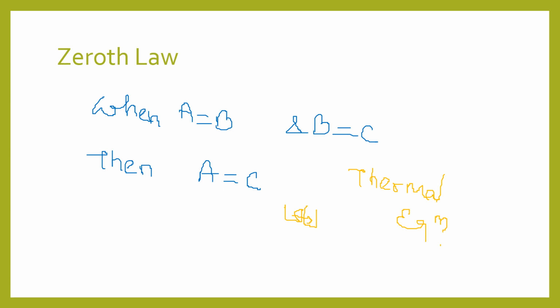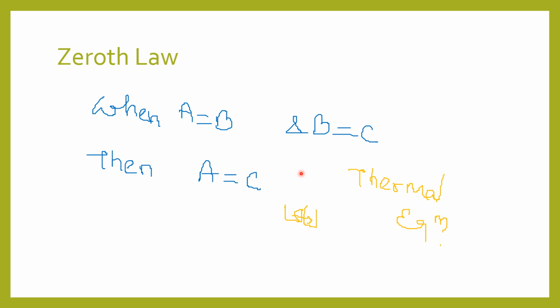Okay. So when any body A is in thermal equilibrium with B and B is in thermal equilibrium with C, then A is in thermal equilibrium with C, and this is the law. Don't just write down A is equal to B, B is equal to C, then A is equal to C. This will not suffice. This will not give you marks in the exam.